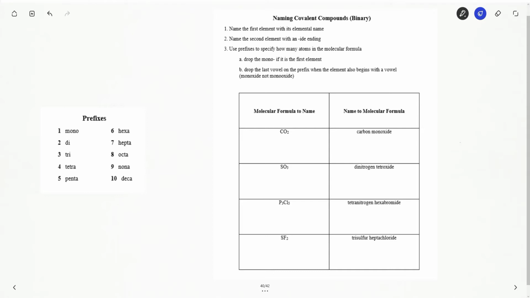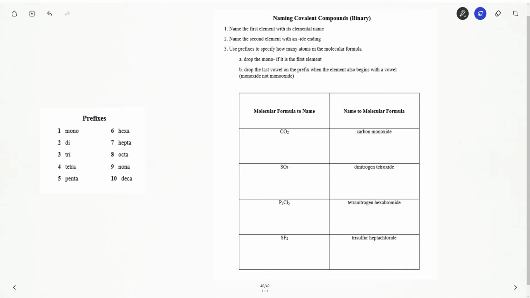The second modifier is simply to make the name a little bit easier to write and pronounce. You'll notice the prefixes all end in vowels, and sometimes our second element starts with a vowel. So we will drop that vowel so we don't have two vowel sounds together. So instead of having monooxide, we would simply call that monoxide. However, we will see this in practice with our examples.